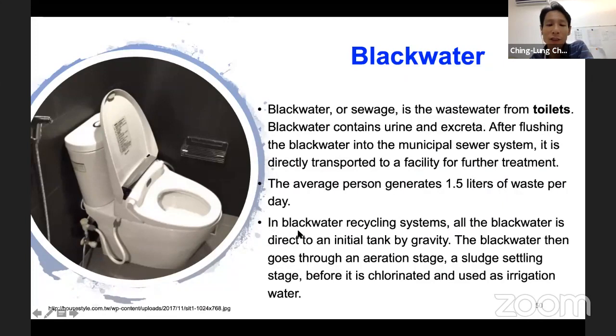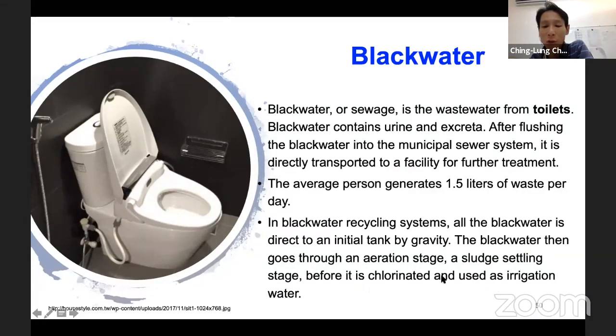In the black water recycling system, all the black water goes directly to an initial tank by gravity. The black water then goes through an aeration stage and a sludge settling process, before it is chlorinated and used as irrigation.